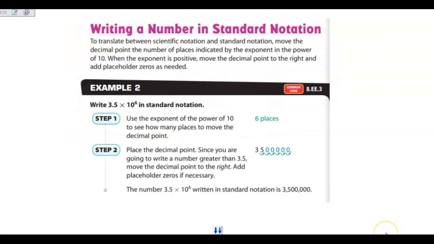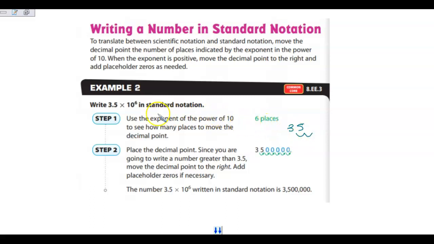Sometimes we're writing them in standard form. And in cases like this, we're taking it from scientific notation and putting it back into a standard number. When we're doing that, we write our number without the decimal point. Because this time the decimal needs to move to the right because we're undoing it now.